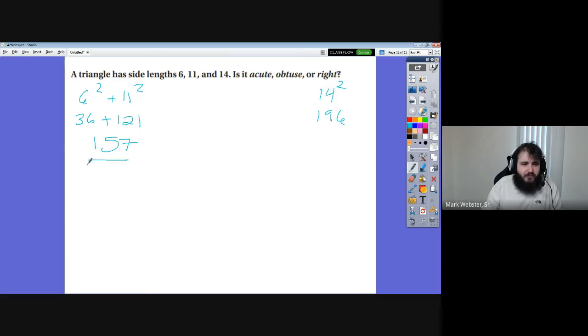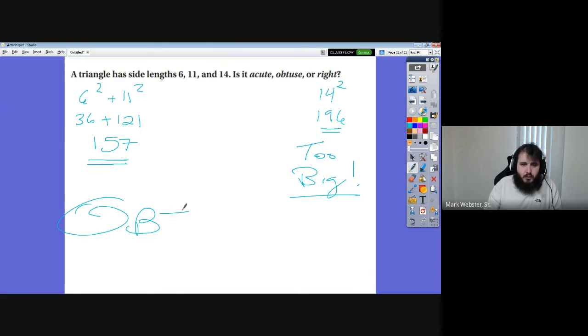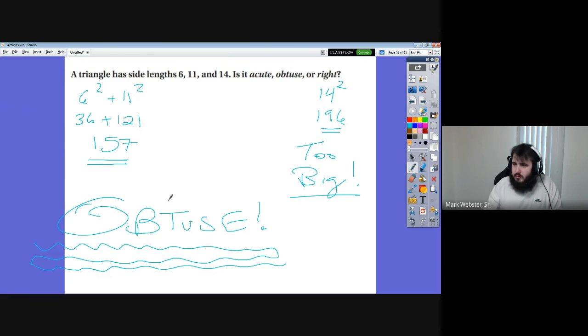So we've got 157 versus 196. And so the question becomes, is the hypotenuse too big, too small, or just right? 196 is more than 157. This is too big. So this is obtuse. And that's all.